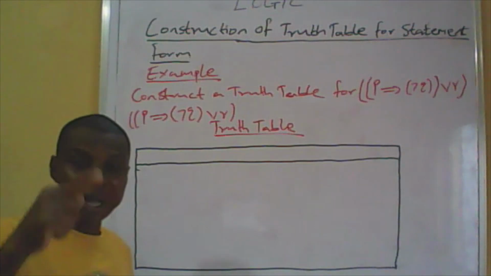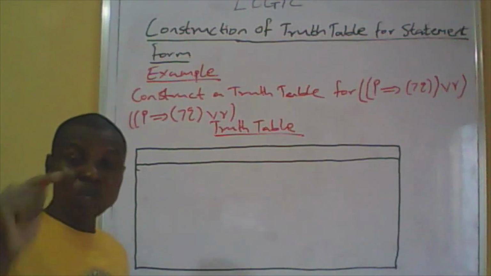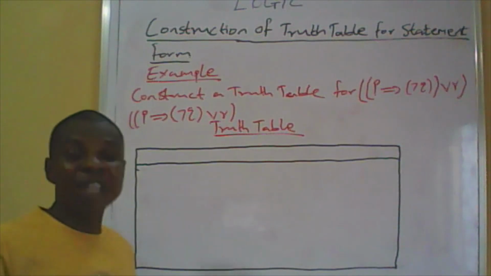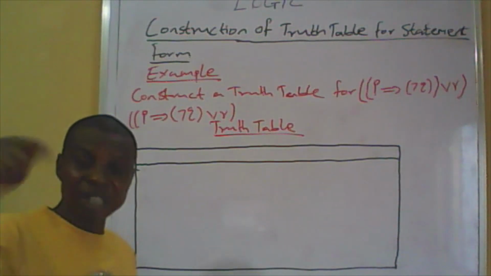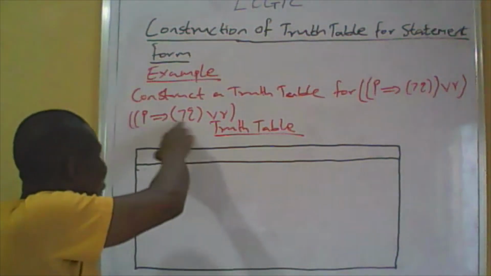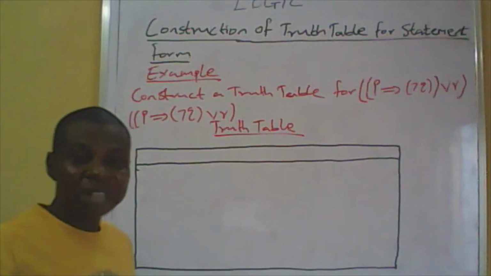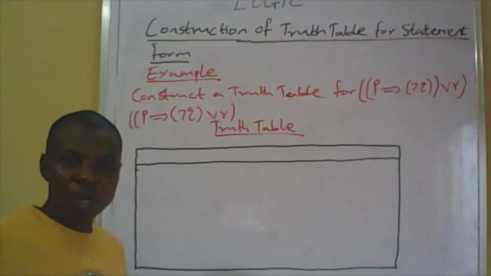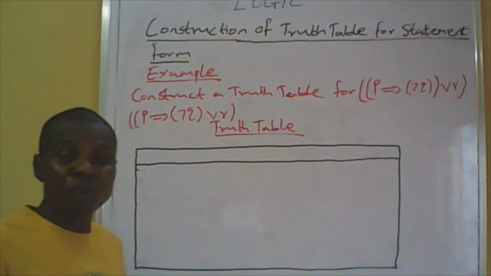2 power n, where n denotes the number of simple statements involved in the statement form. So here we have three simple statements. That means we are going to have 2 power 3, which is equal to 8. We are going to have 8 rows.